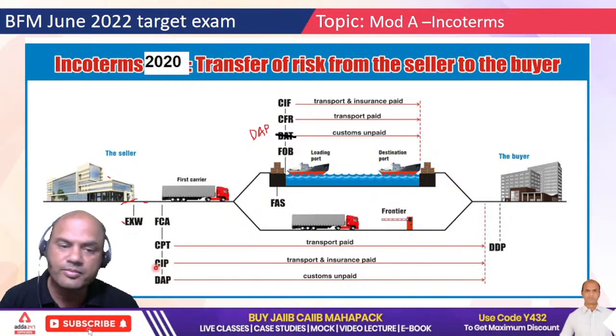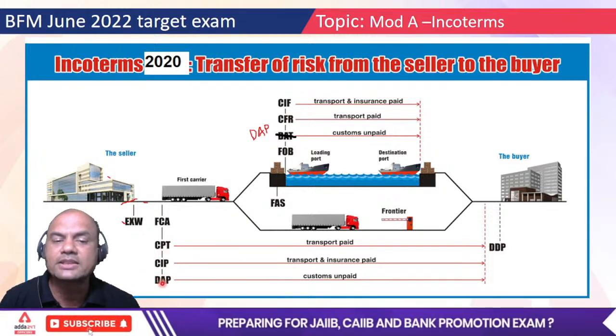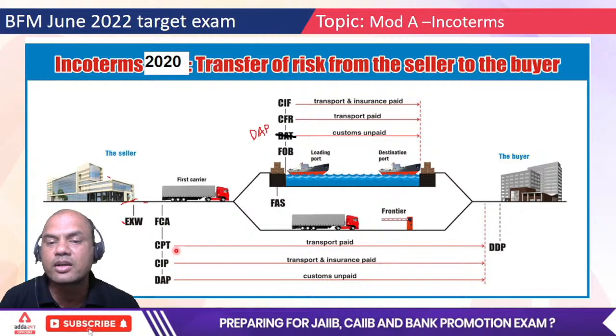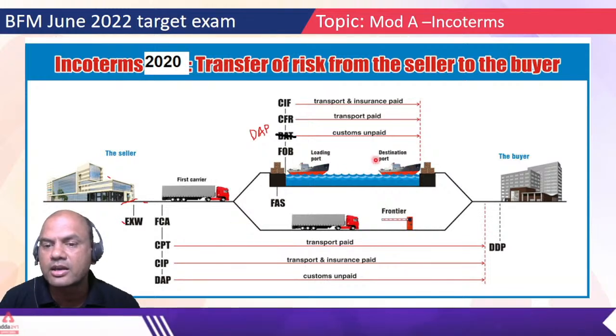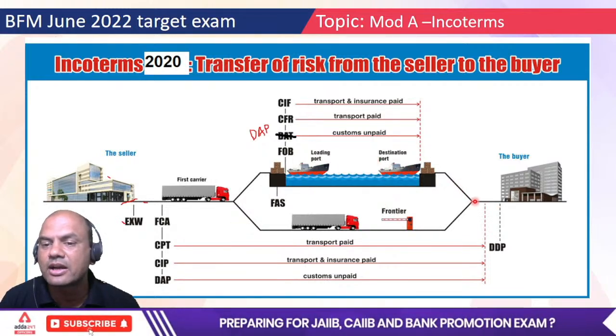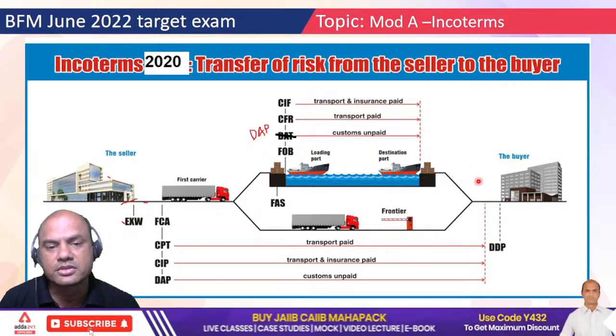Okay, got this point? Next is DAP, delivery at place. The buyer will tell the seller, you bring the goods via ship or via truck, and this is the place, this is my container yard, this is my godown, put the goods in that godown.